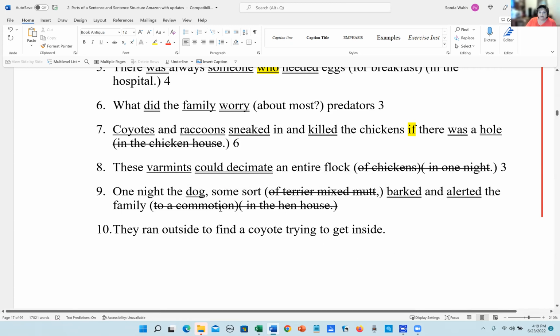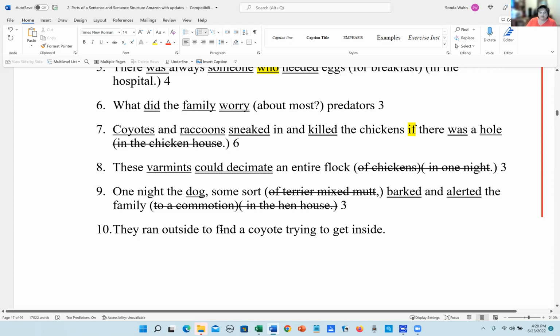Now this comma right here tells me that some sort of terrier mixed mutt, that's more description of the dog. And let me just tell you, if you're ever writing, you don't ever put a comma between your subject and your verb unless you have a phrase that you could pick up and take out. So this is correctly written. So dog barked and alerted, that's 3.